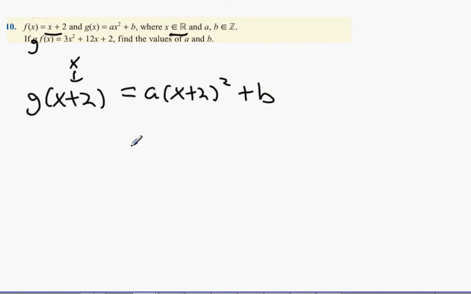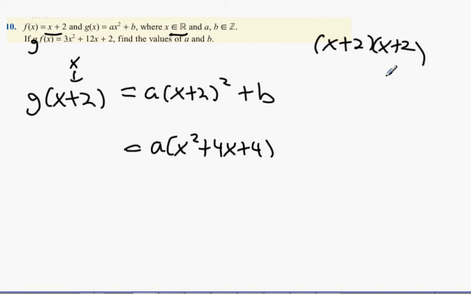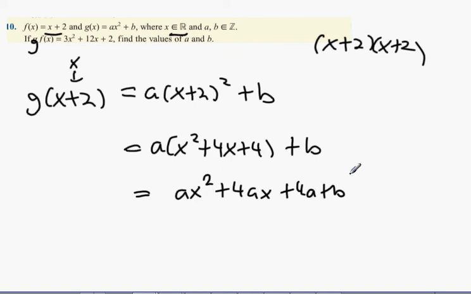That is going to get me a times x squared plus 4x plus 4. Everybody understood? I multiplied out x plus 2 with x plus 2. That's going to get me plus b. We're going to have ax squared plus 4ax plus 4a plus b. Now guys, this whole thing here has to be equal to what? What does that have to be equal to? 3x squared plus 2x plus 3. Exactly.